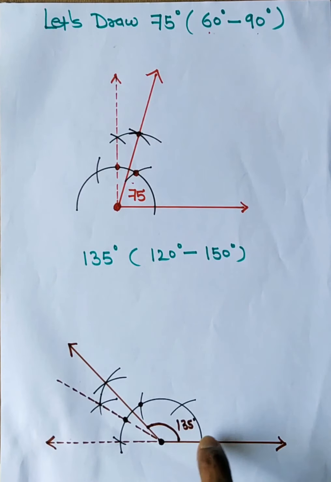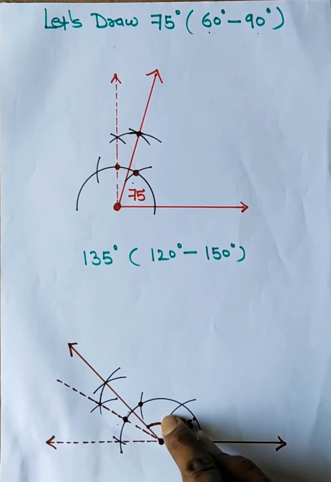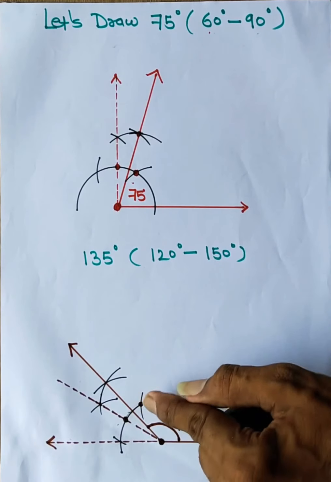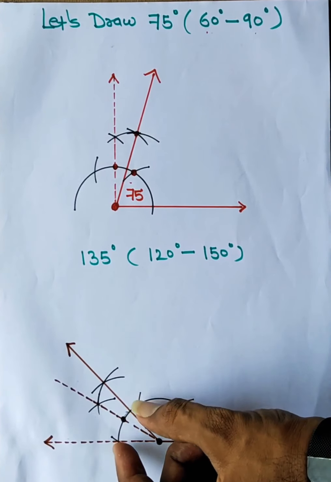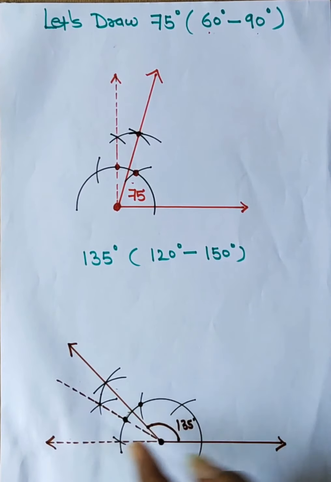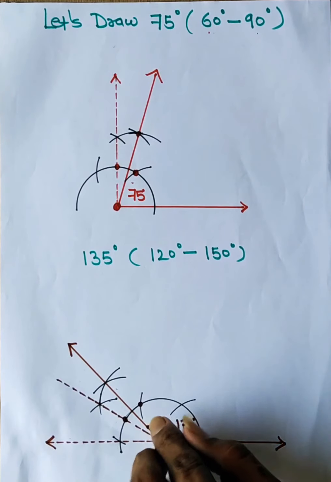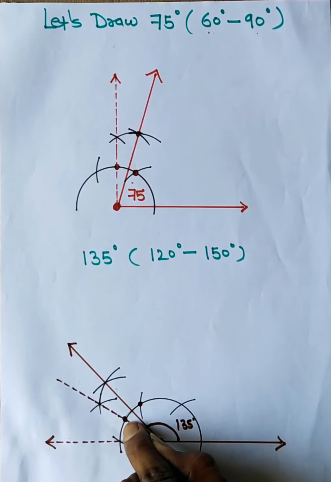So what we did, first a line, then a 180 degree arc, then from here 60 degree, from here 120, then from here 180. Let us obtain 150. So from 120 one arc, from 180 another arc. I have drawn this dotted line as 150. So I got one point of 120, one point of 150.